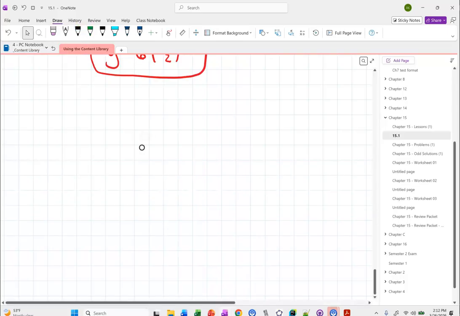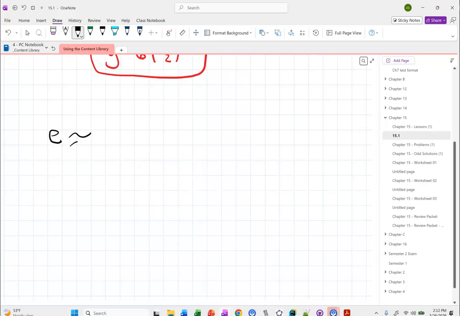So just like the irrational number pi, we give a symbol to represent it, right? Pi is what number approximately? 3.14. This irrational number that we're going to talk about has a symbol. That symbol is e, which is about 2.72.